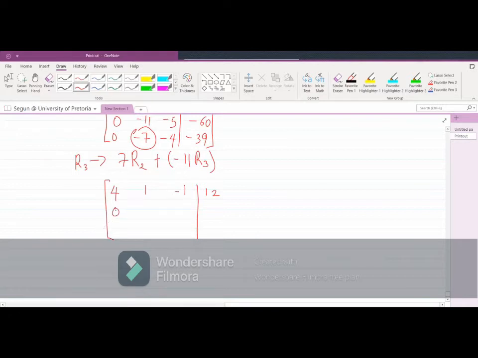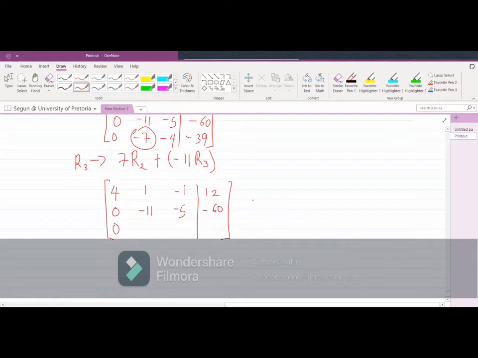Row 2 will also remain itself. Now, row 3 is the one we work on. For row 3 it will be 7. Can we multiply it now? 0 is still 0.